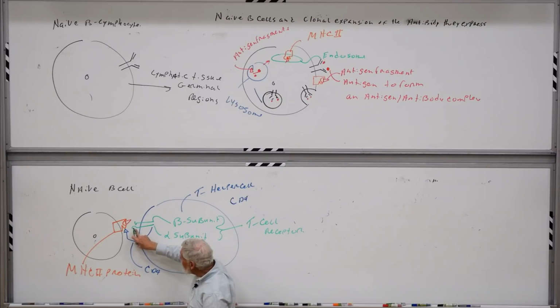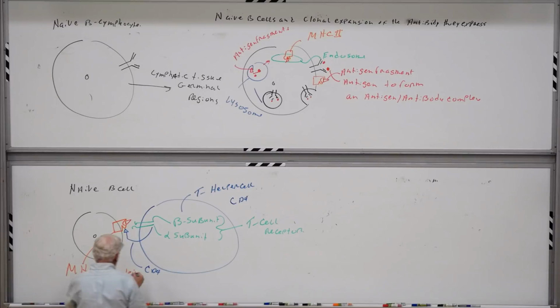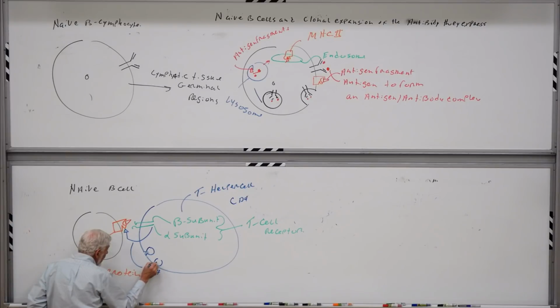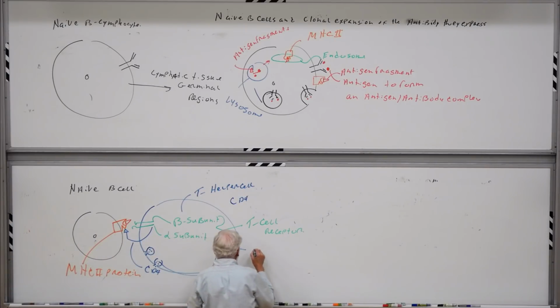If this three-dimensional shape fits the three-dimensional shape of the antigen fragment displayed on MHC2, what that will do is it will signal vesicles here in the T helper cell. These vesicles will come up to the membrane, and through exocytosis, they will release growth factors. These growth factors are called interleukins.